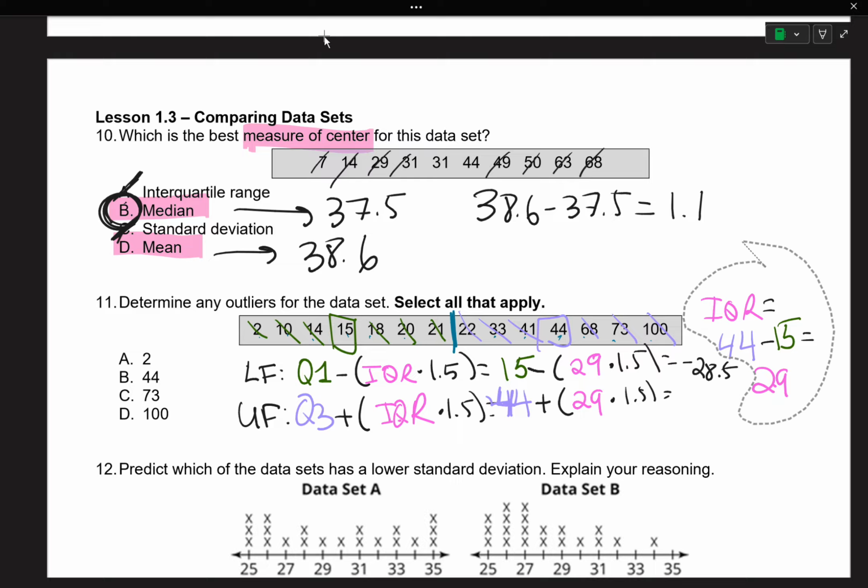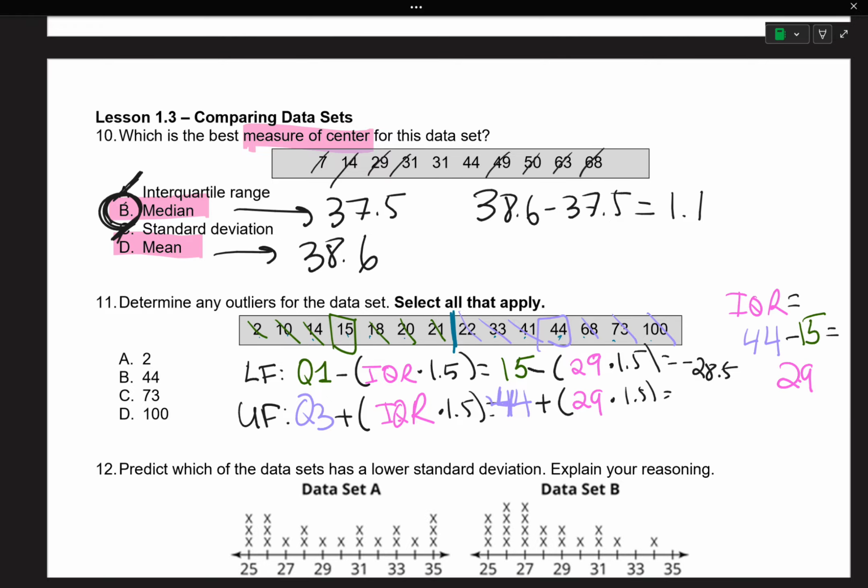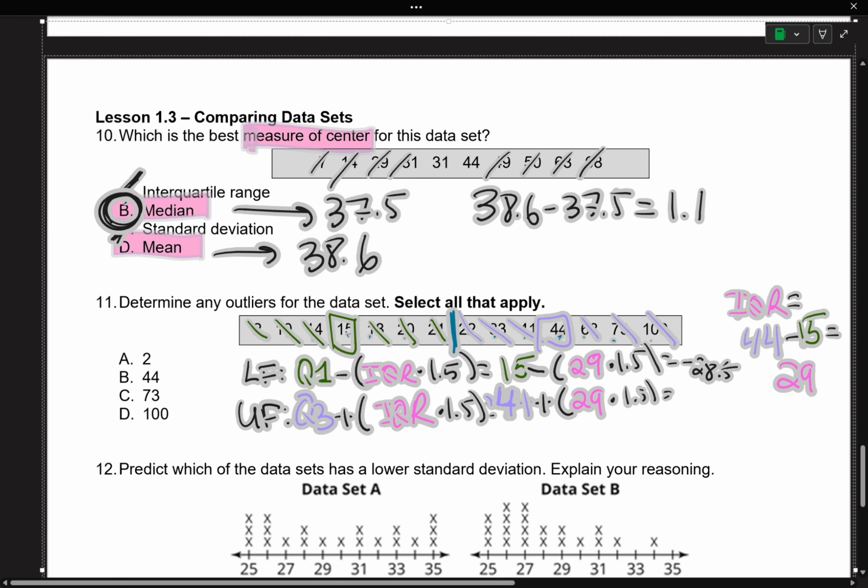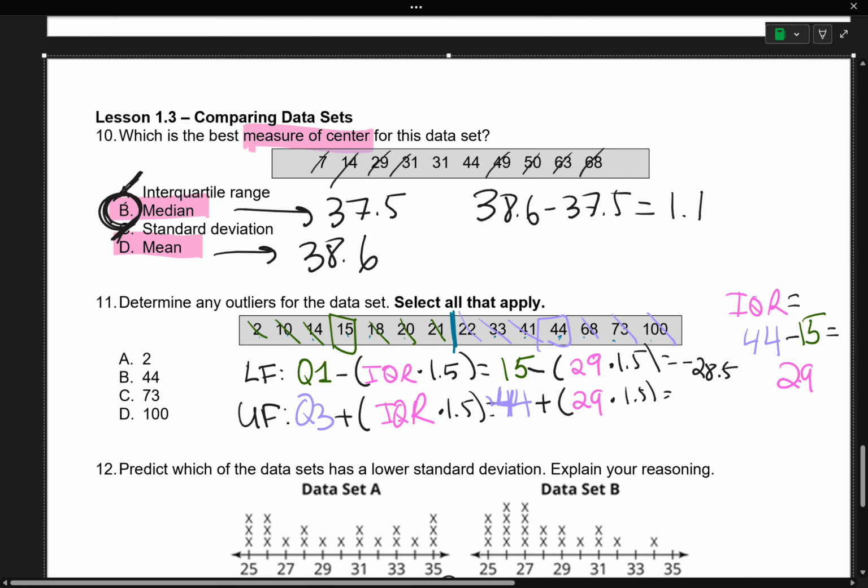So here's what I ask myself. Is there anything on my data set that is smaller than negative 28.5? No. Then I'm going to put in the upper fence formula, 44 plus 29 times 1.5, and I get 87.5. Are there any numbers larger than 87.5 on our list? We have 100. Yes.